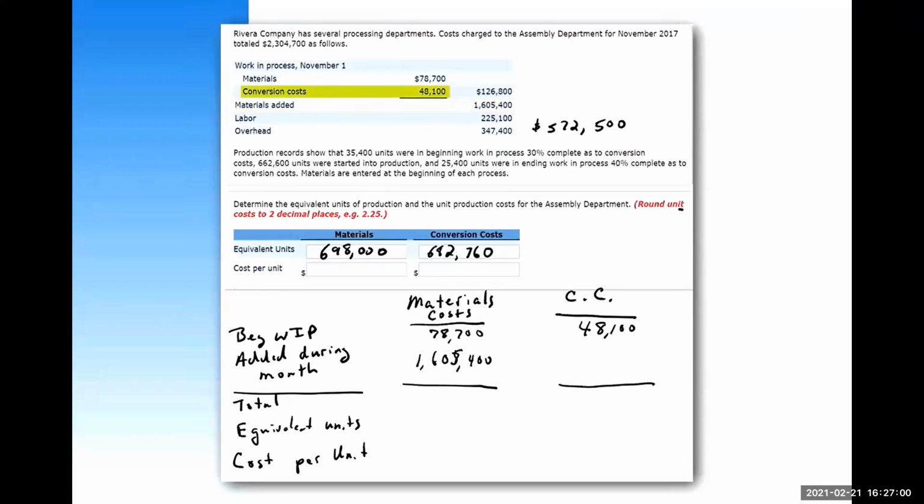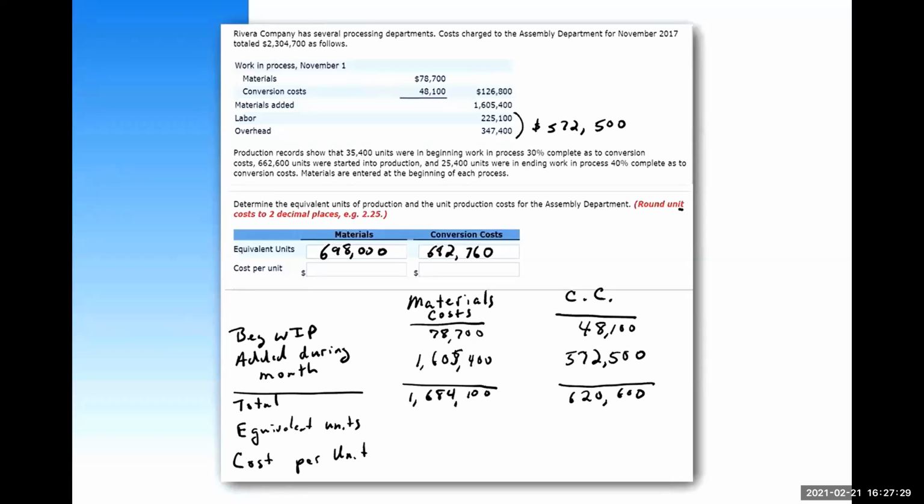For the conversion costs, the beginning work in process had 48,100 in conversion costs. And then during the period, we incurred labor and overhead as shown, and the sum of those two amounts is 572,500. So in total, we've got 1,684,100 and 620,600.